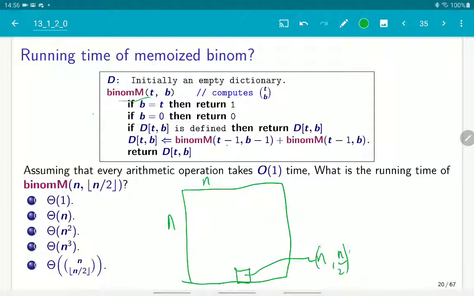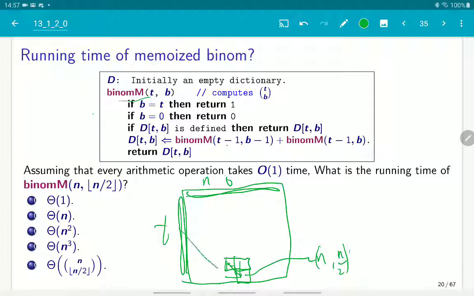Anyway, this is the B, and this is T. Now what's happening is that we are calling on T minus 1 and T minus 1 and B. So this is going to call recursively on computing those two values here, and it continues.